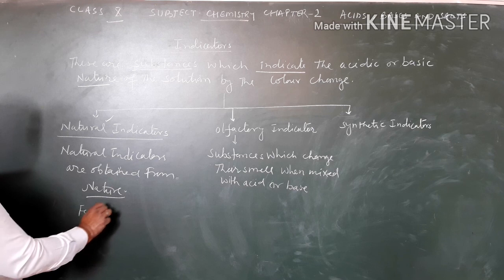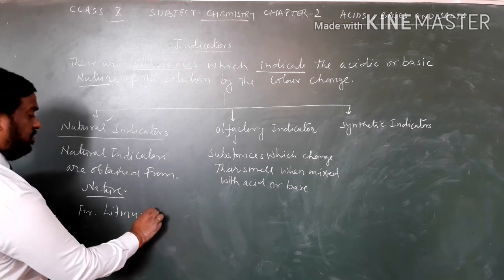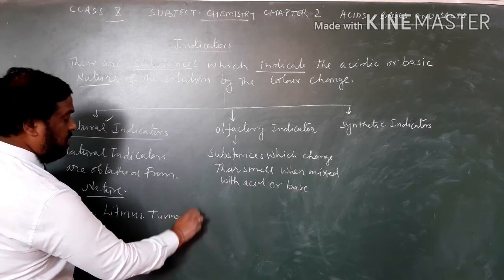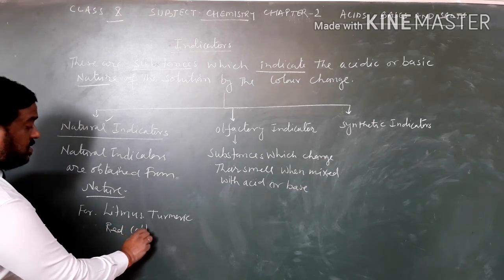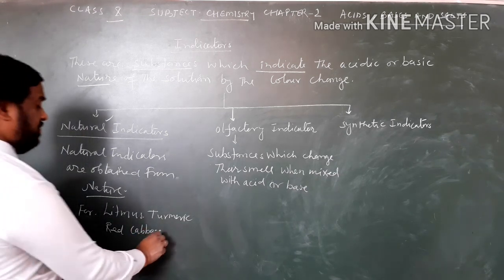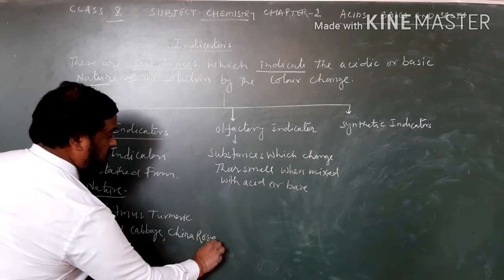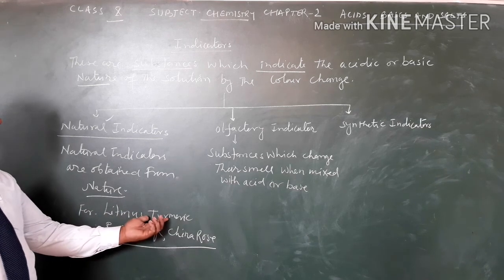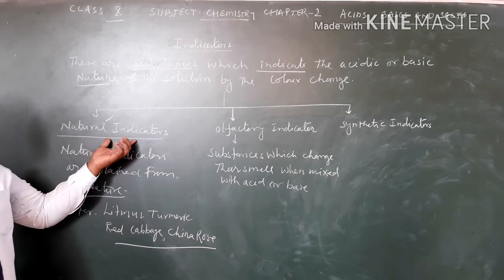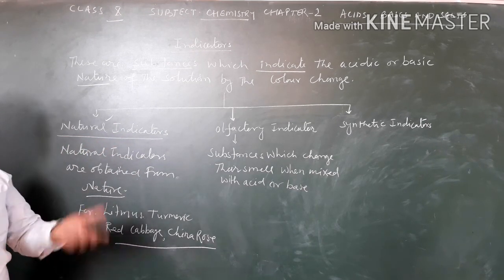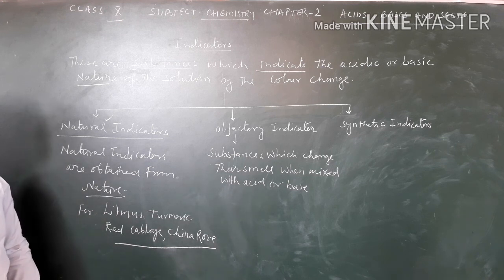For example, litmus, turmeric, red cabbage, and China rose. These are the natural indicators, and they show color change in acidic solution or in basic solution.